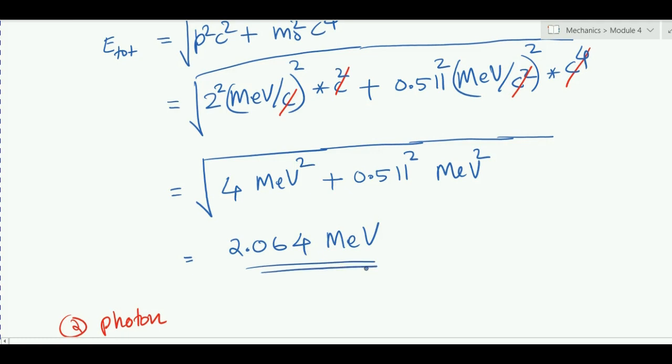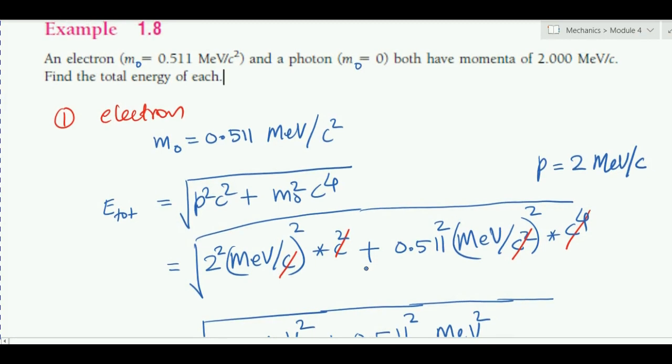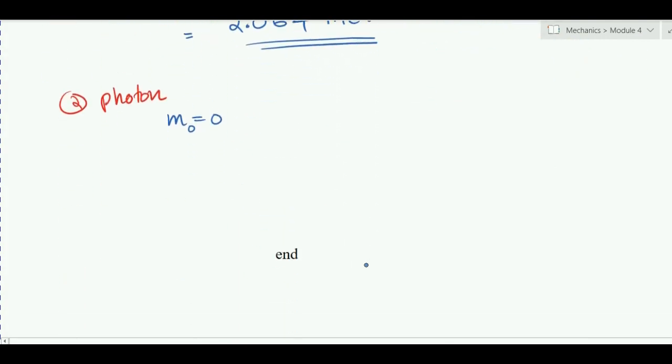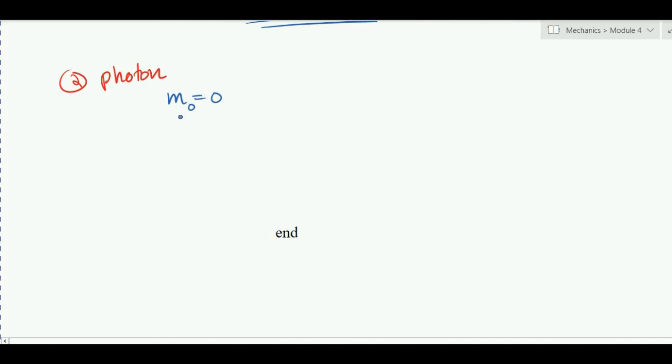Now this is in the case of a particle like an electron or proton or whatever. The second particle is a photon. We know that its rest mass is 0. In that case, the equation for energy is E equal to pc. p is given by 2, and the unit is MeV per c.